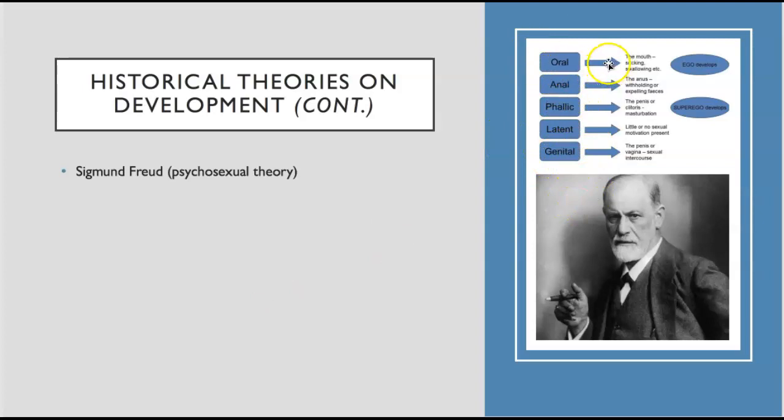The first stage is the oral stage, which occurs during the first 18 months or so of life. And in this stage, the mouth is the organ that is of focus. Freud believed that if children's oral needs are met by their caregiver, and basically this just means that they were being fed, then their ego at this point would continue to develop appropriately.